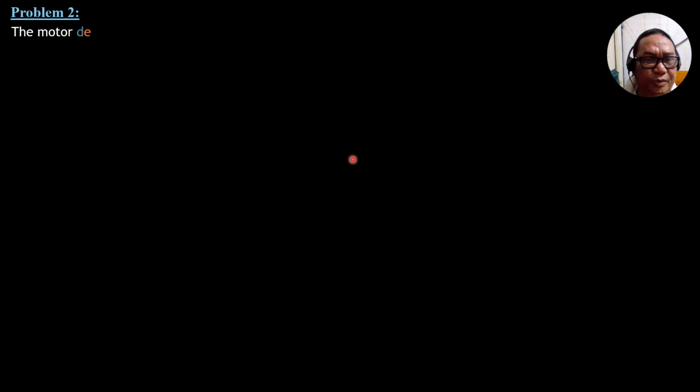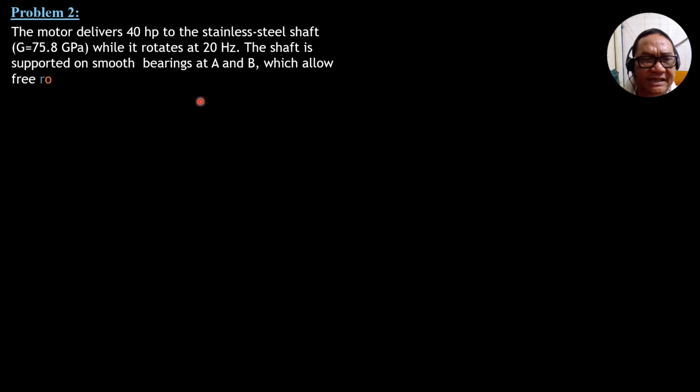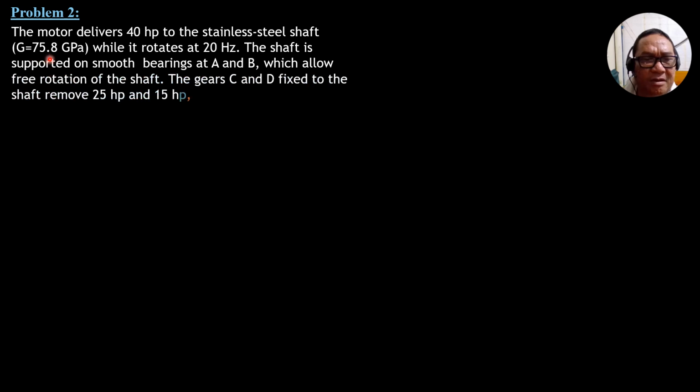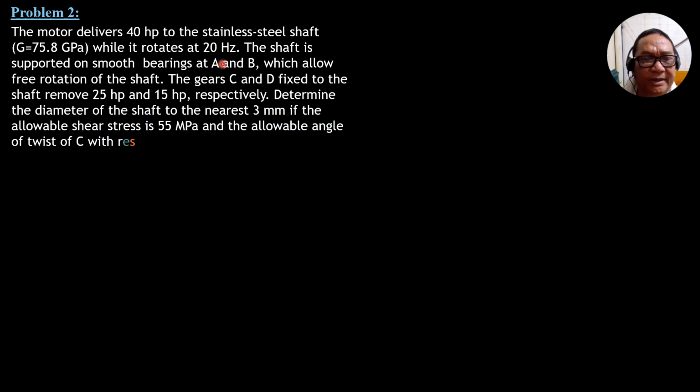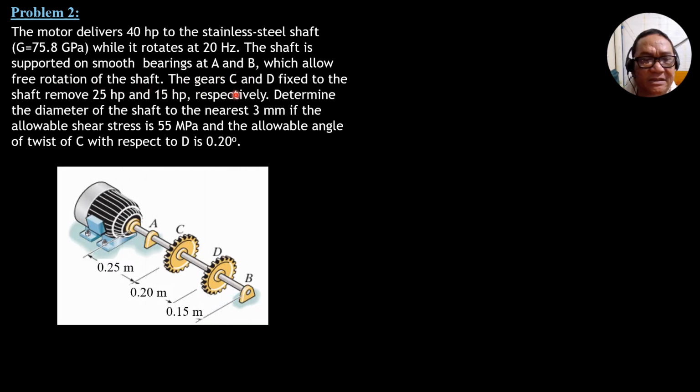So problem 2: the motor delivers 40 horsepower to the stainless steel shaft, where the shear modulus of elasticity is 75.8 gigapascals, while it rotates at 20 hertz. 20 hertz means cycles per second or revolutions per second. The shaft is supported on smooth bearings at A and B, which allow free rotation of the shaft. The gears C and D fixed to the shaft remove 25 horsepower and 15 horsepower respectively.